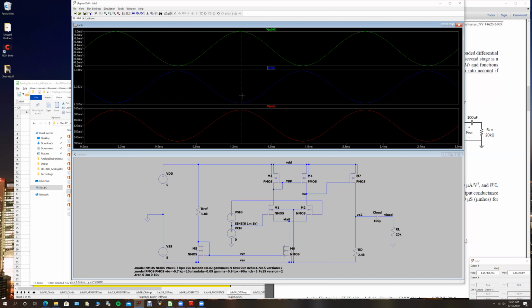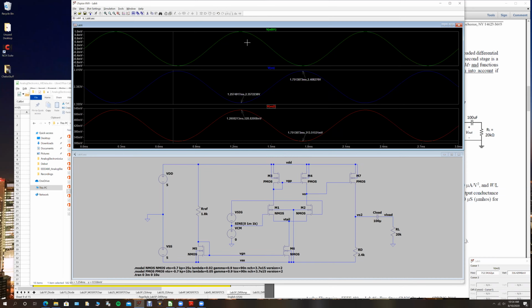Okay. So it looks like the peak to peak output is around 200 millivolts or so, a little over that, 215, which tells us that the total gain is that number divided by 2 millivolts peak to peak input, which is around 105-ish, 107 maybe, which should be pretty close to the pre-lab calculation.